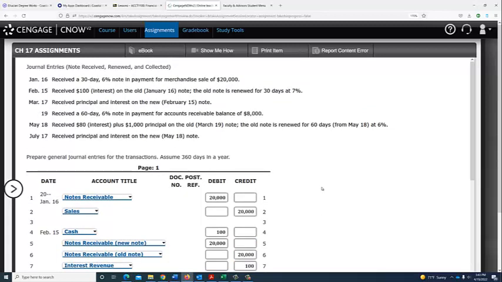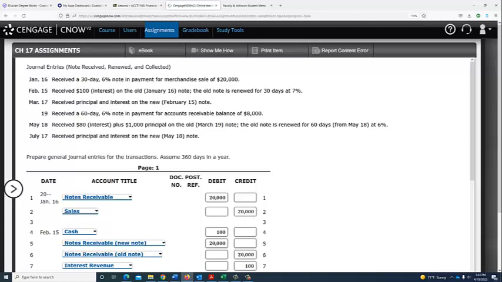Next, we received the principal and interest on the new February 15th note. Okay, so be careful not to go back to the original terms of the old note. We need to make sure that we're using the terms of the new note. And this note is 30 days at 7%, and the principal's $20,000.